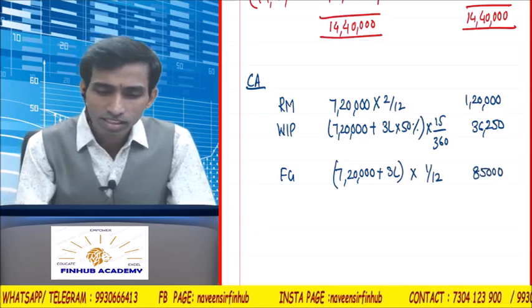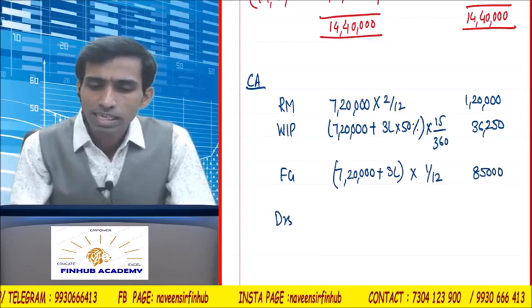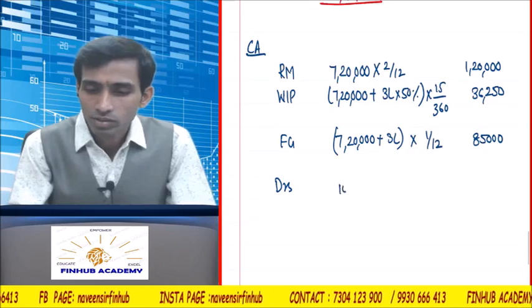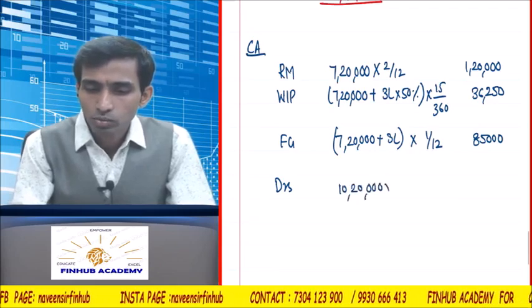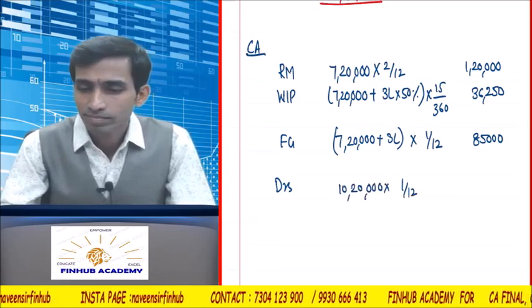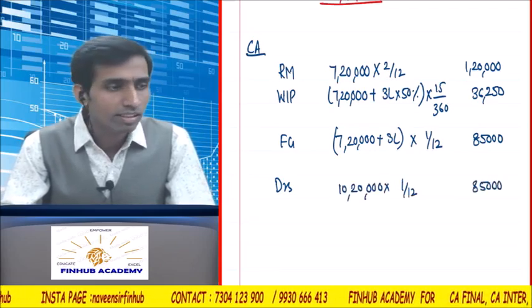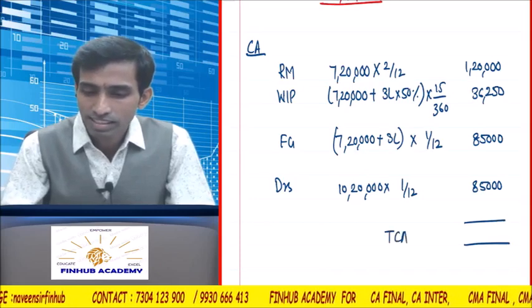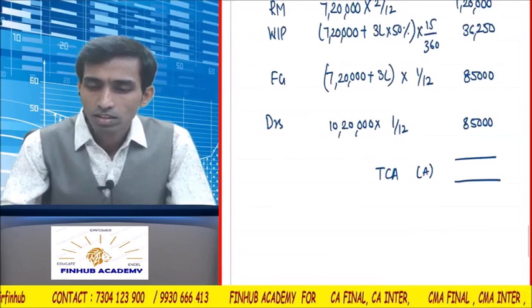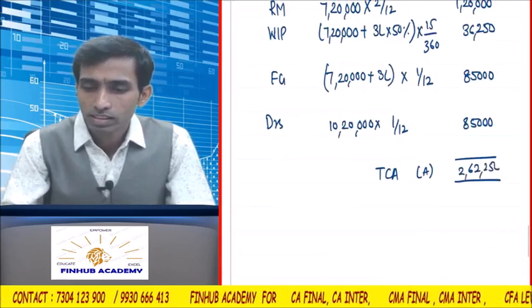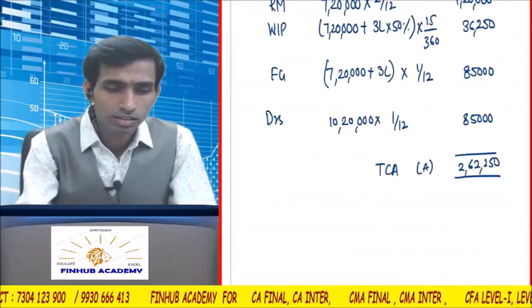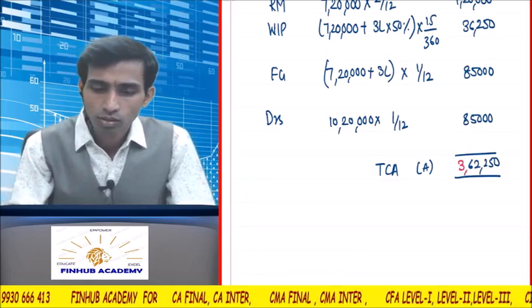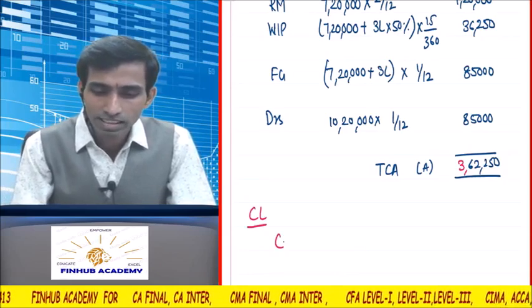Debtors will be at cash cost approach, so 10 lakh 20,000 into 1 by 12, same 85,000. Was cash given? No. So total current assets is 3,60,250.